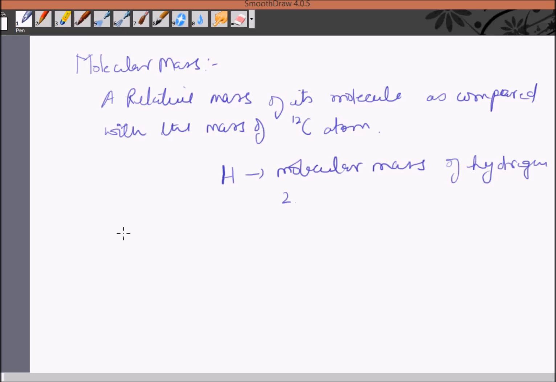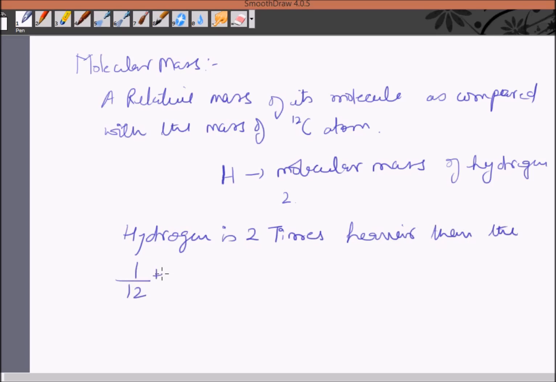That is, the hydrogen is 2 times heavier than the 1/12 of a carbon atom, right?